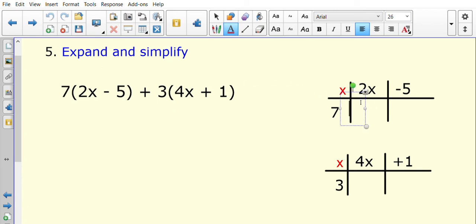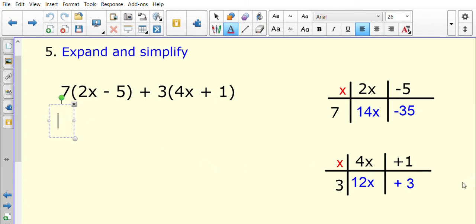Dealing with the first bracket, I've got 7 times 2x, which is 14x, and then 7 times negative 5 is negative 35. Dealing with the second bracket, so 3 times 4x is 12x, and 3 times positive 1 is obviously positive 3. So let's gather everything back over here.